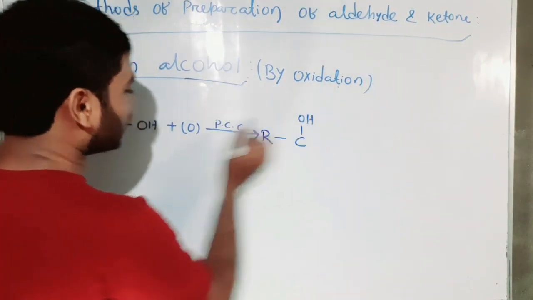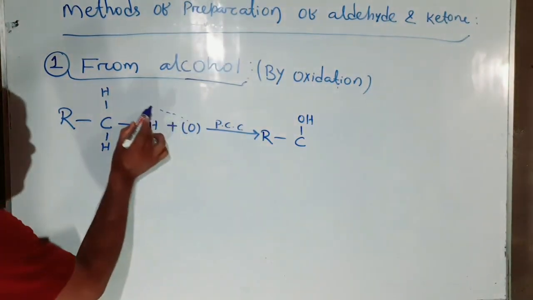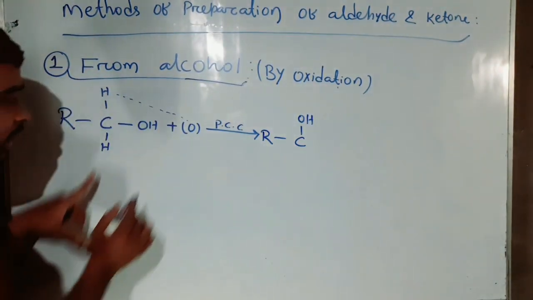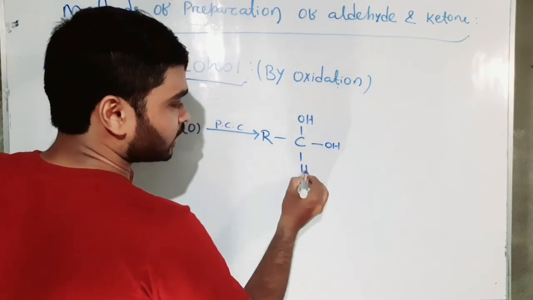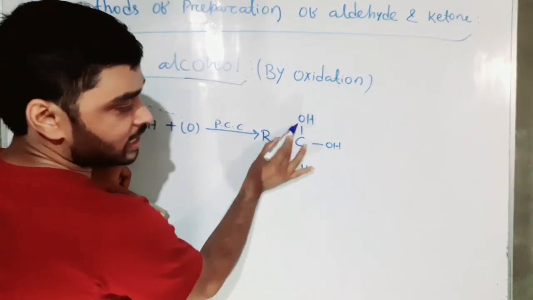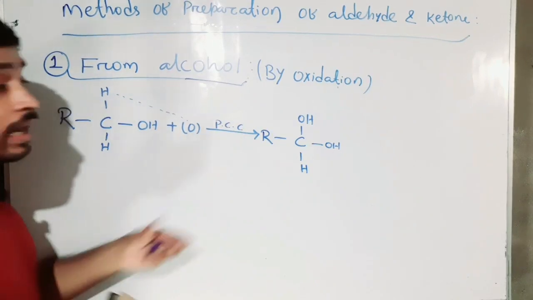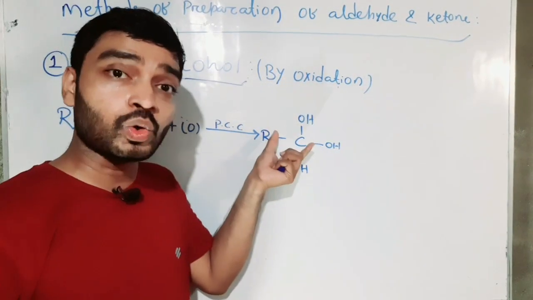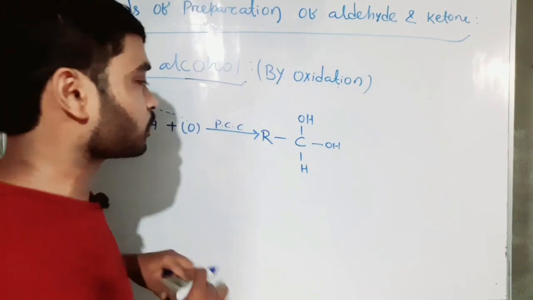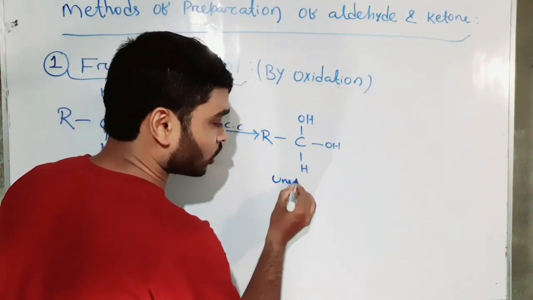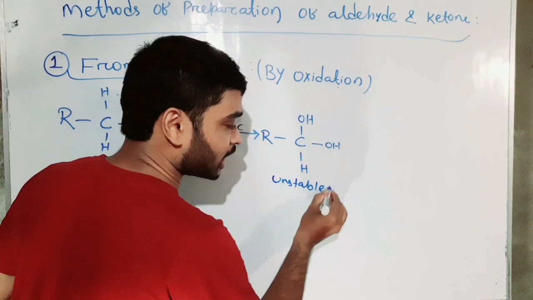I am writing here one hydroxyl group because this oxygen is moving to this hydrogen and one hydroxyl group is already present in the previous reactant. So in this case one carbon is directly bonded to two identical OH groups, or two functional groups of alcohol. So it gets unstable. So I am writing it is the unstable, or intermediate product.